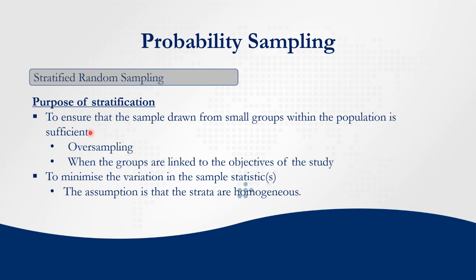So sometimes you stratify because you want to oversample, to ensure that even from those small groups you get enough sample. The assumption obviously is that within the strata, within UP, there is homogeneity. The students are homogeneous within TUT, but when you move from one university to another, obviously they are not homogeneous.